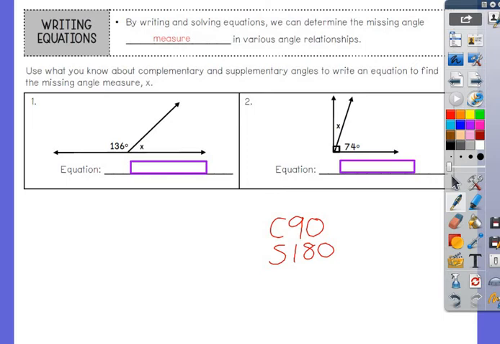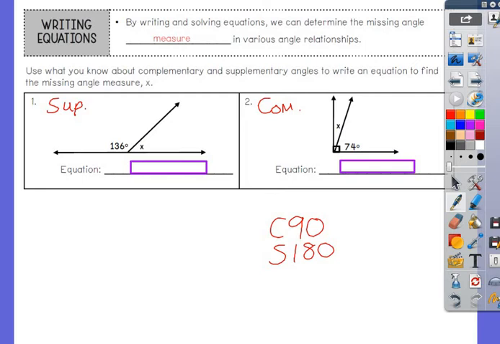Number 2 is an example of complementary, so I'm just going to jot complementary. What is number 1 an example of? Supplementary. Okay, that's going to help me with solving this.